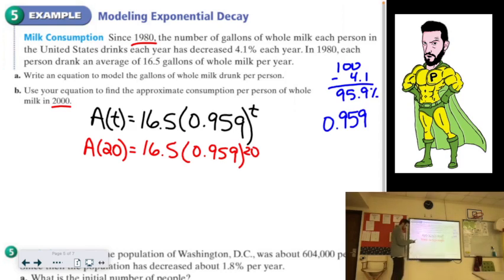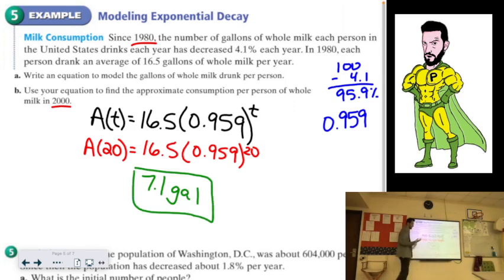Put that in my calculator, 16.5 times 0.959 to the 20th. Oh, now they're down to 7.1 gallons. I rounded that off. It's a long decimal, 7.142596023.